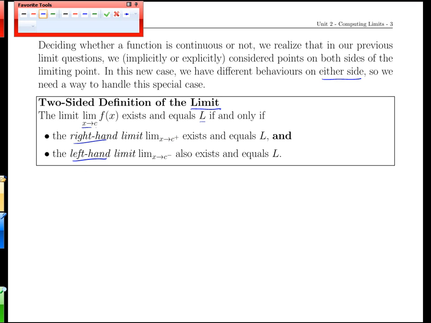And just to elaborate on some of these symbols, this x with c with a plus here implies from higher values. So if we're thinking about this on a real line, if we had some value c, and this is our x-axis here, when we come from above, that would be c from the right in our traditional way of laying this out, and the plus just means we're coming from high values going down towards c.